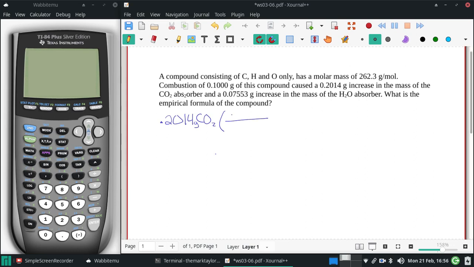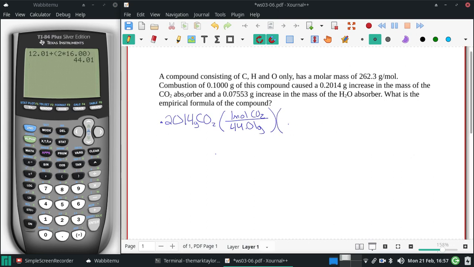So convert that into moles of carbon dioxide using the molecular weight of carbon dioxide, which I get from 12.01 for the carbon and 2 times 16 for the oxygen, and we get a molecular weight of 44.01.